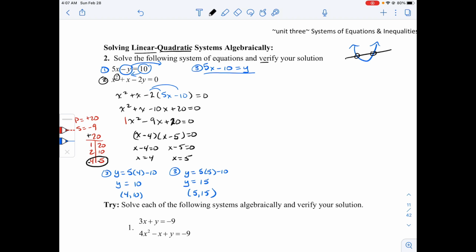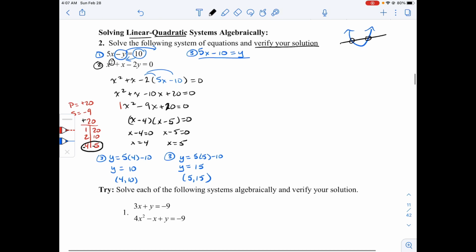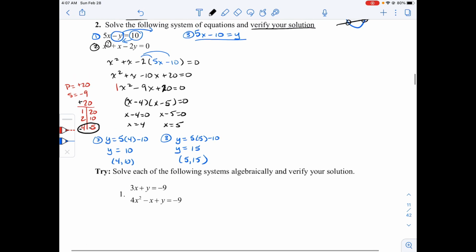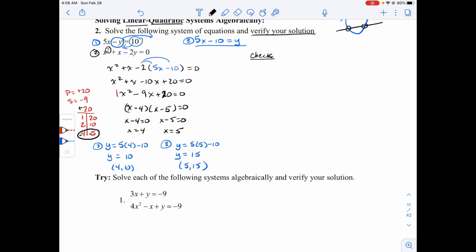This particular example says to verify our solution. I won't do this for every single question, but what does the proper check look like? Because we have two solutions and two equations, we're going to have to do basically 4 checks.